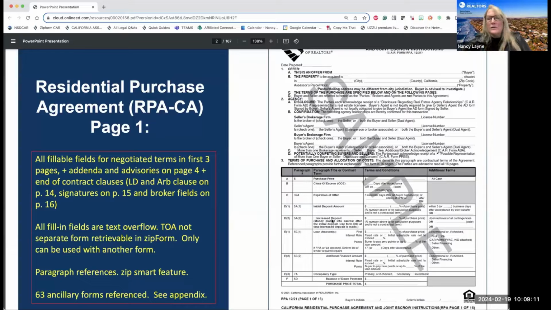The increased deposit, if you want that to count towards the initial deposit, so that 3% is what you're aiming for. If you're going to have, for example, a 1% deposit and then 2% once conditions are approved, which is pretty standard how most people write that, you are going to have to make sure that you fill out the DID form.